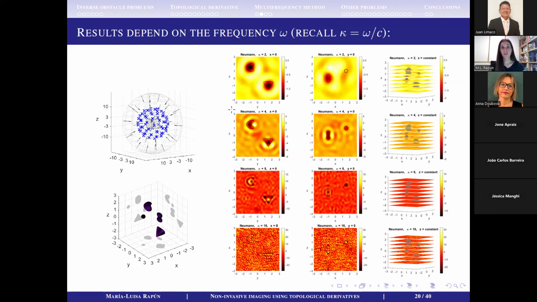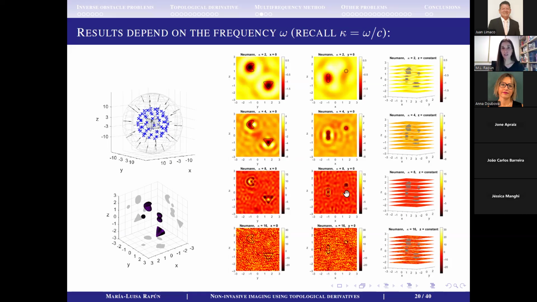If you increase the frequency, then your wave number also increases, and what happens is that the information that the topological derivative provides is different. Now you can see that the largest negative value concentrates inside these 2 biggest objects, but also inside the other one. And if you increase it to kappa equal to 8, then the results are completely different.